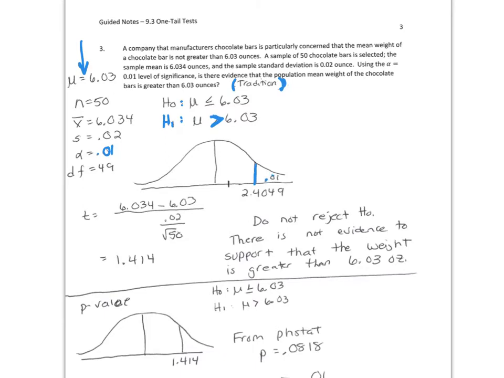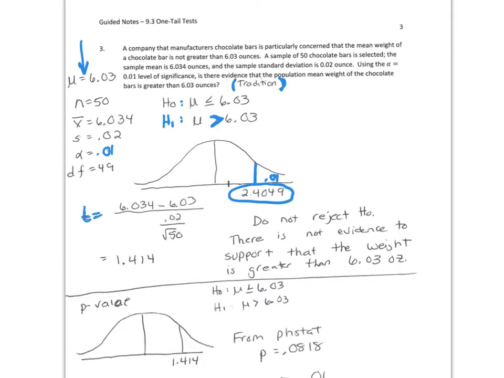I put alpha in the tail. I pull out my t-table because the population standard deviation is not known. My upper tail area is 0.01, and I go to 49, and I see the number 2.4049. This number here, okay?